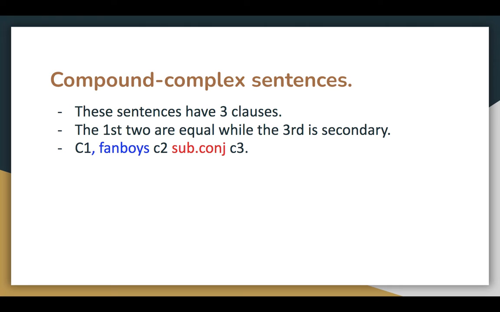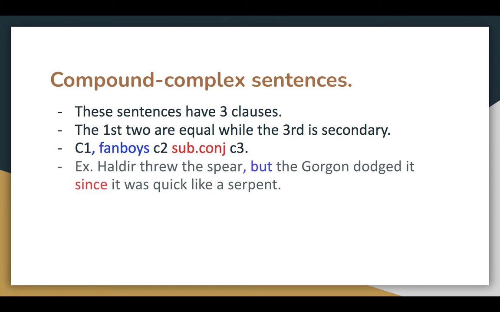Now note, because the third clause is being joined in a structure very similar to what we would call a complex B sentence, we don't need a comma. The subordinate conjunction is the linking tool. It's sufficient.